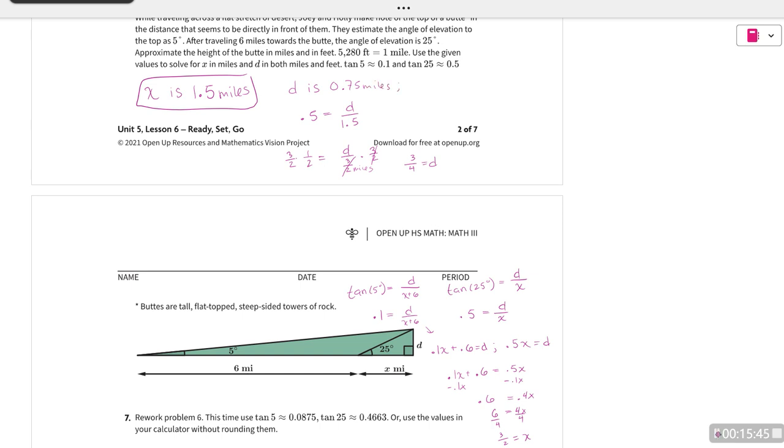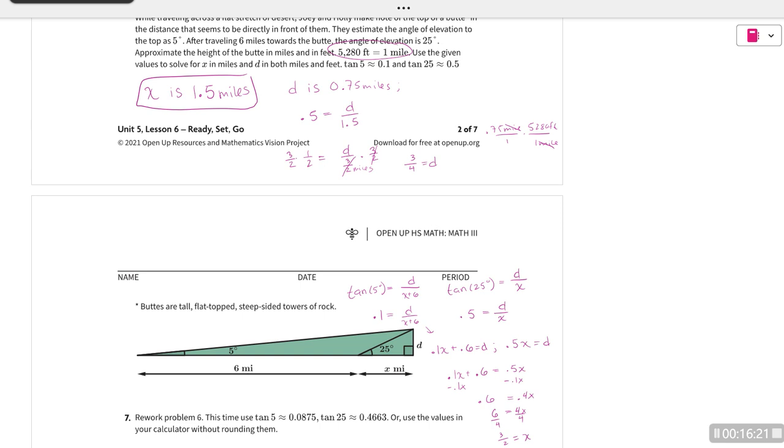So let's figure that out in feet. To figure it out in feet, we multiply 0.75 times 5,280, which is going to give us our feet. If we want to see how that conversion comes about, 0.75 miles over 1, I want 1 mile on the bottom, so the miles cancel out, times 5,280 feet.